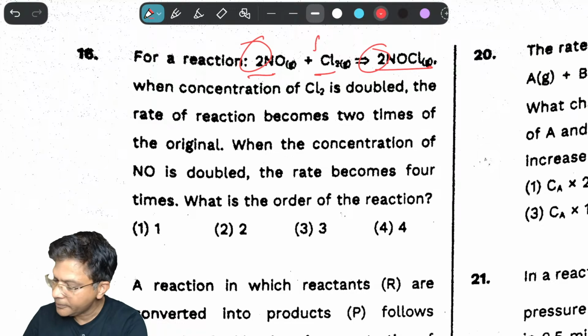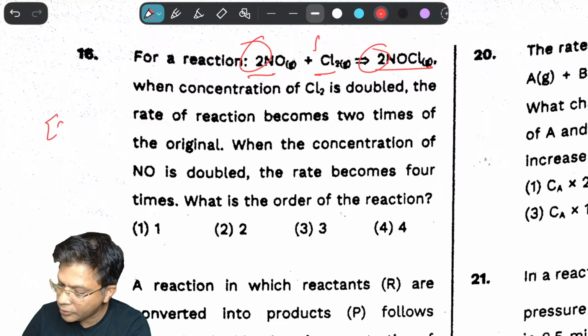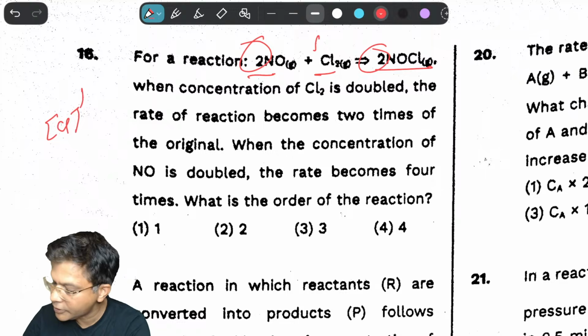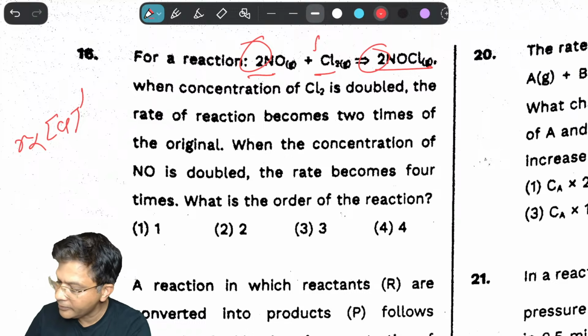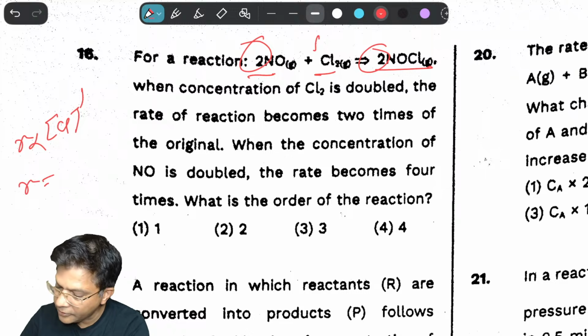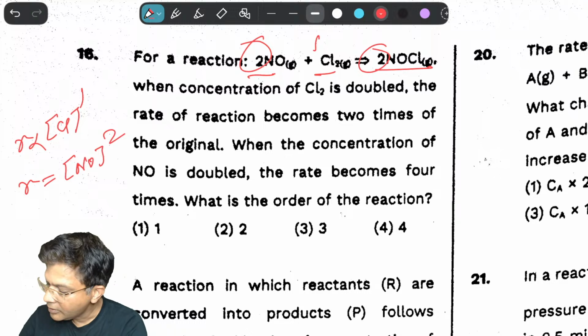Now let's see. For a reaction, 2NO plus Cl2 gives 2NOCl. Everyone see to it. When the concentration of Cl2 is doubled, the rate of reaction becomes 2 times. So with respect to Cl2, can I say it's directly proportional? When the concentration of NO is doubled, the rate becomes 4 times, so with respect to NO the order is 2.